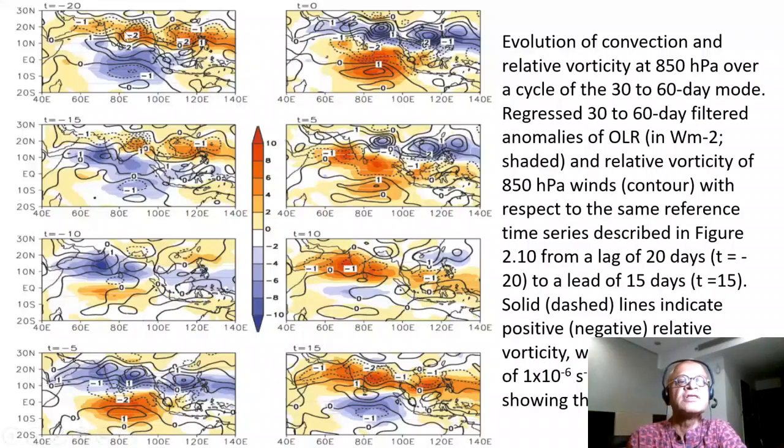basically you can see the phase that is positive here, negative here, slowly shifts, so you end up with the northward propagation of this signal.